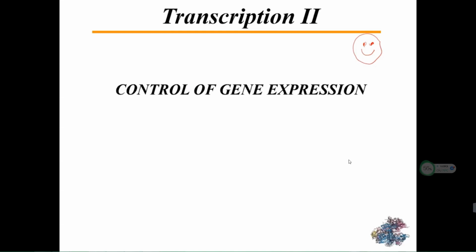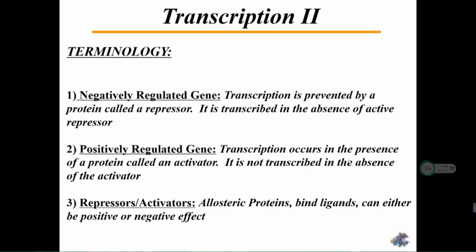So you can regulate protein amounts not only at the transcript level, but also at the gene level and also at the translational level. But because we're talking about RNA transcription, we're going to focus on the control of gene expression at the transcriptional level. Okay, so let's move on and delve into the terminology before we start talking about a specific gene regulatory system.